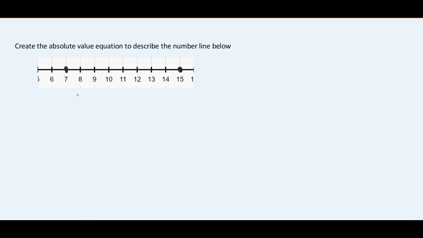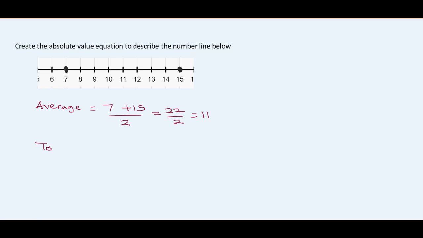So step 1 states that we want to find the average of the points given. The points that we're given right now are 7 and 15. So we want to find the average of those 2 points: 7 plus 15, which is 22, divided by 2. This is 11.